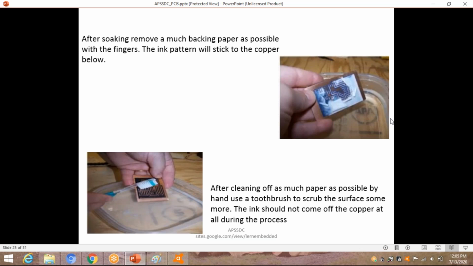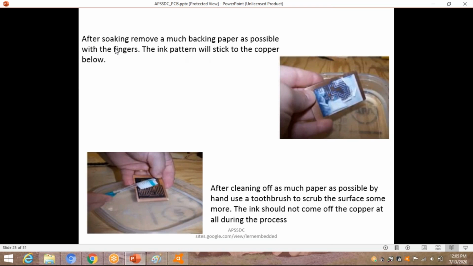Okay. Now, after soaking, you need to remove the paper with your fingers, by slowly rubbing on the paper. You can read the steps here.